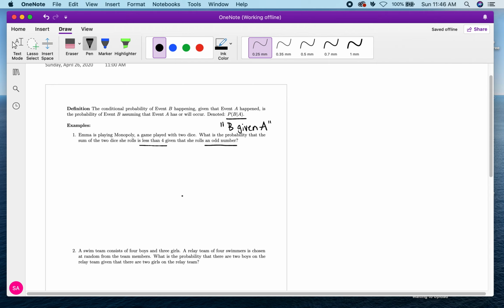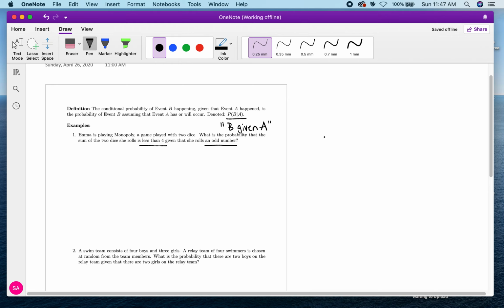So really, all we have to do with these problems is think about them a little bit more, because there's some condition. In this case, our condition is that one of the dice that she rolls is an odd number. They don't say they're both odd. She's just saying that she rolls an odd number. So one of those numbers has to be odd. They could both be odd as well, but again, at least one of them needs to be odd.